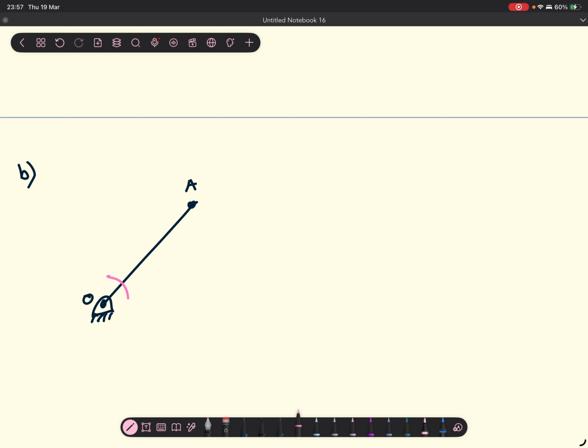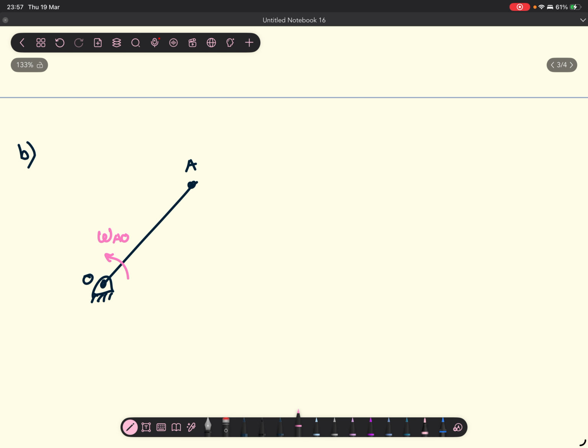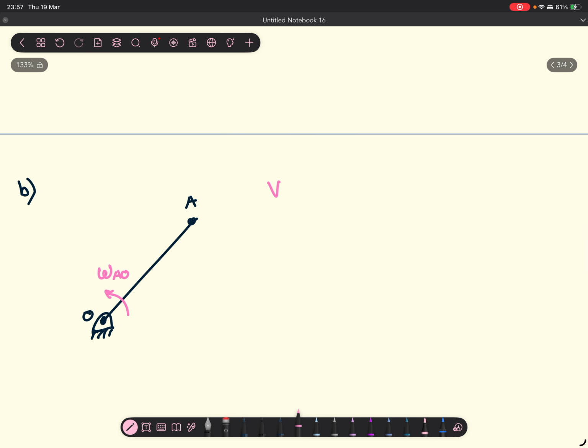Okay, so we have omega AO here, and we have A. So we're going to say VA is equal to VO plus VA relative to O. VO is 0, so VA is equal to omega AO cross with R AO, right?